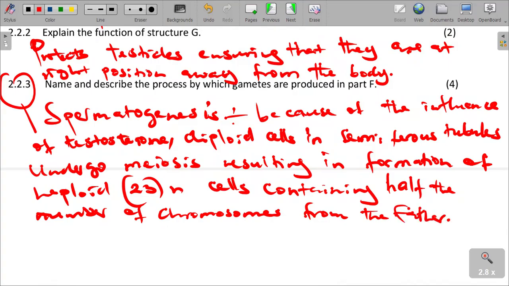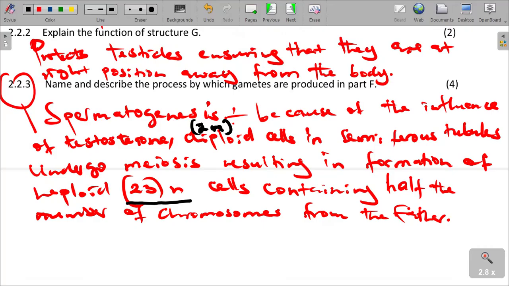That is why I've marked that haploid is N or 23, and diploid is 2N.